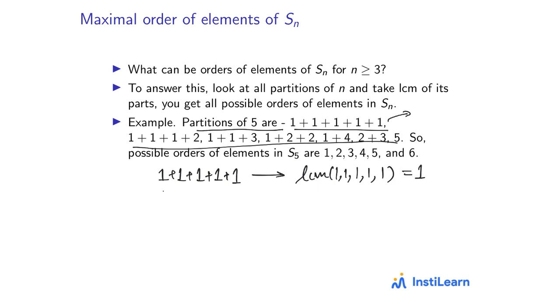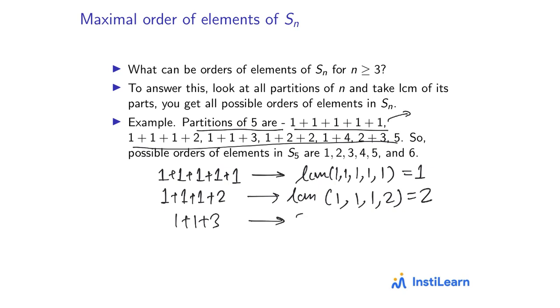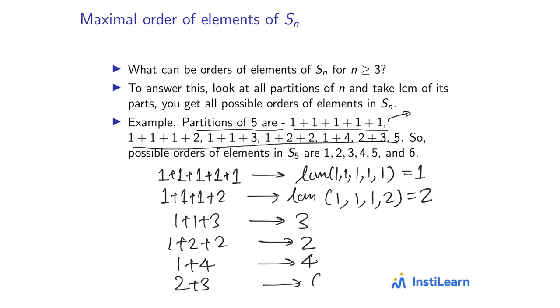Now take the partition 1 plus 1 plus 1 plus 2, then the order of any element associated with this will be the LCM of 1, 1, 1, 2, that is 2. Similarly, for 1 plus 1 plus 3, the order would be 3. 1 plus 2 plus 2, the order would be 2. 1 plus 4, the order would be 4. 2 plus 3, the order would be 6. And for 5, the order would be just 5. So you can see the maximum possible order of an element in S5 would be 6.